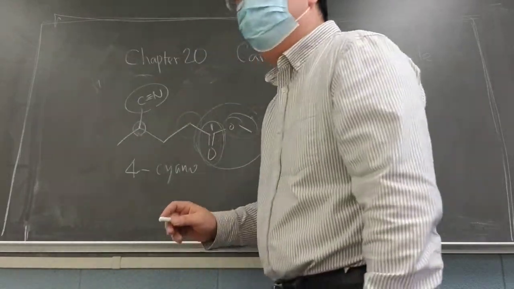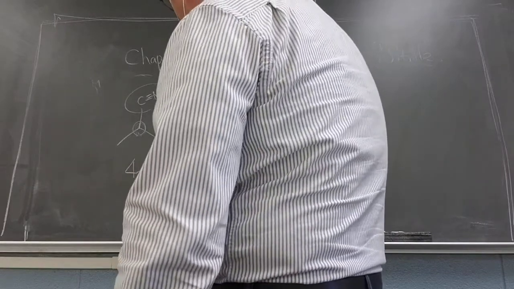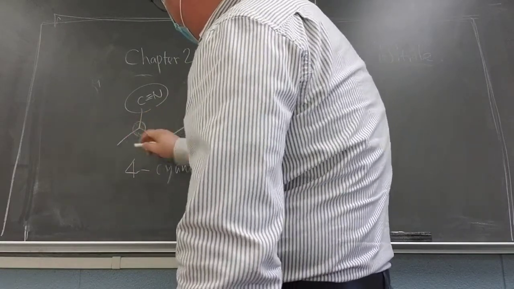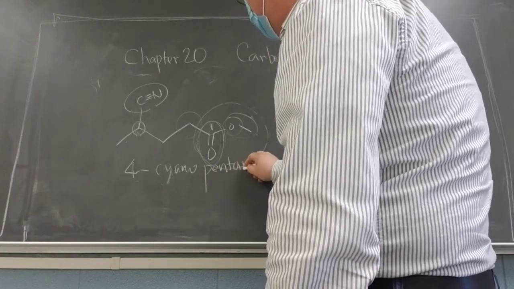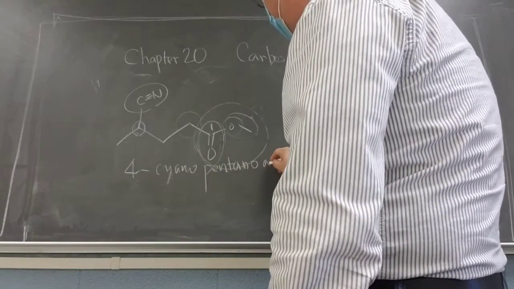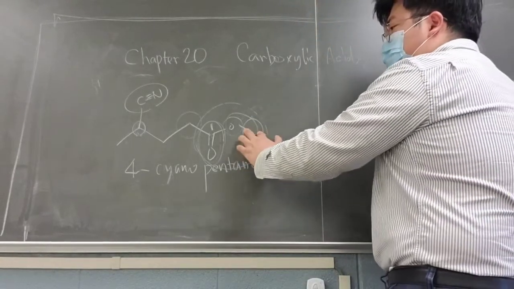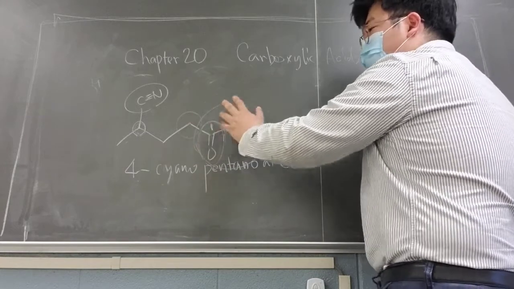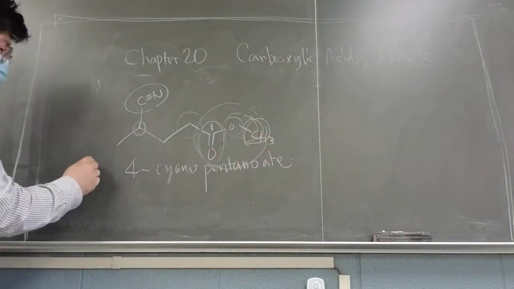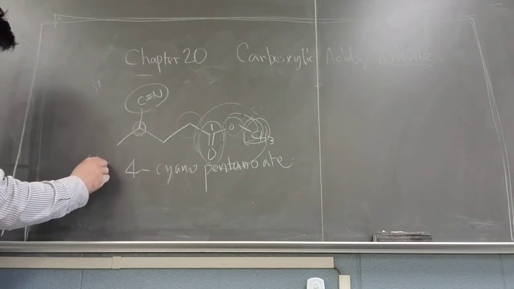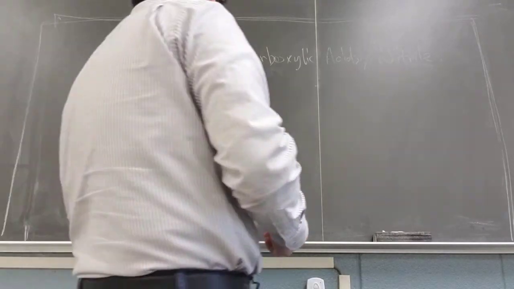Do you guys remember this? So this is 4-cyano. We count 1, 2, 3, 4, 5. But you have one methyl group from the ester group. So we put the ethyl group over here, methyl group over here. So it'll be methyl 4-cyanopentanoate.